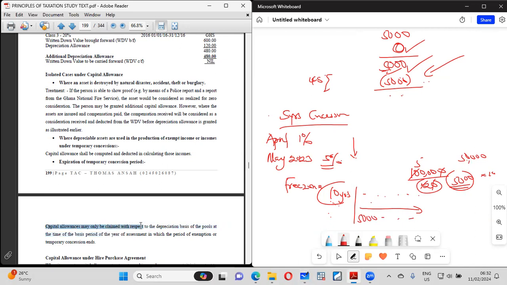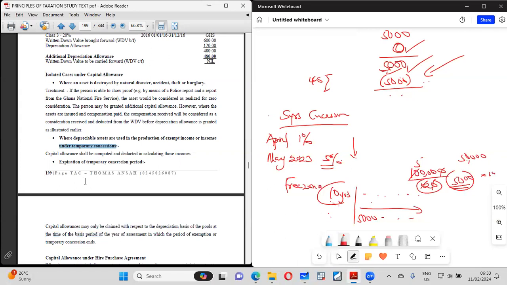Capital allowance may be claimed only in respect of the depreciable basis of the pool at the time of the basis period of the year of assessment in which the period of exemption or temporary concession ends. So capital allowance shall be computed and deducted in calculating those incomes, even in your exempt side, under your concession.